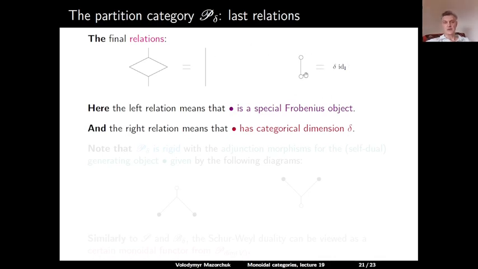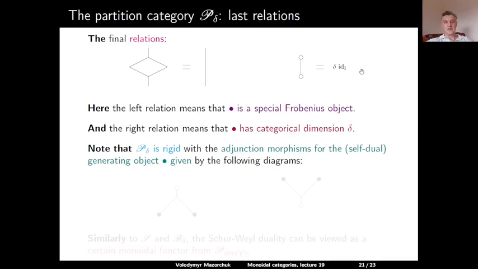So this relation we also had for the Brauer category, where cup followed by a cap was equal to delta times the identity. Also, we know that the category curly P is rigid, where the adjunction morphisms for the self-dual generated object bullet are given by the following diagrams.